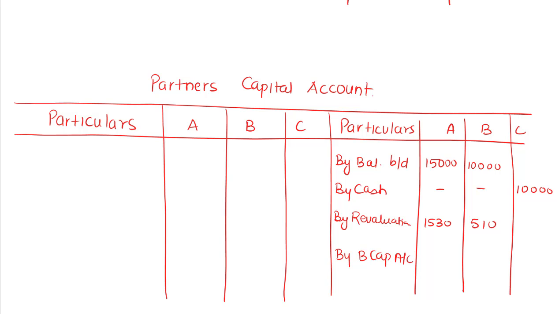By B capital account 500 to A capital account 500. Adjustment entry for change in profit sharing ratio, the gaining and sacrificing partners entry.